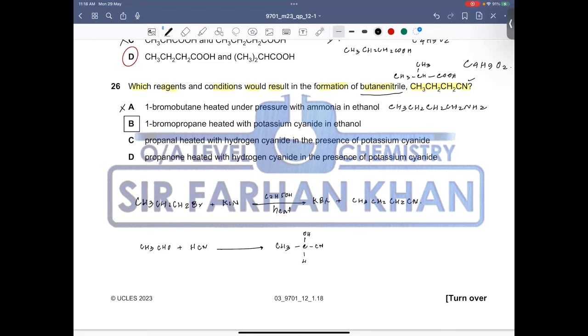So that's not possible here. Similarly, I'm not going to get butane nitrile with option D because propanone is a ketone and a ketone gives cyanohydrin, which has an OH group as well, and there is no OH group in this structure. I cannot get butane nitrile from option C and D, which is why C and D are incorrect options.